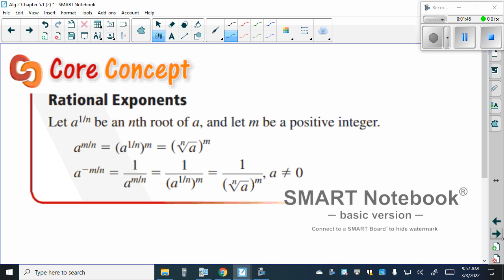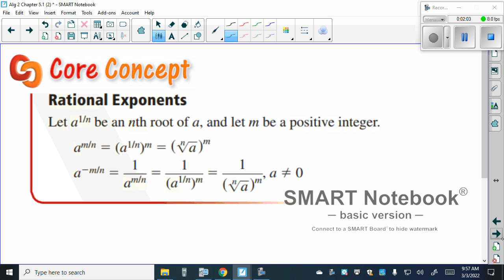And what we're doing today is, again, still delving more into what we did yesterday. In our first property, rational exponents, let a to the 1 over n be the nth root of a, and let m be a positive integer.